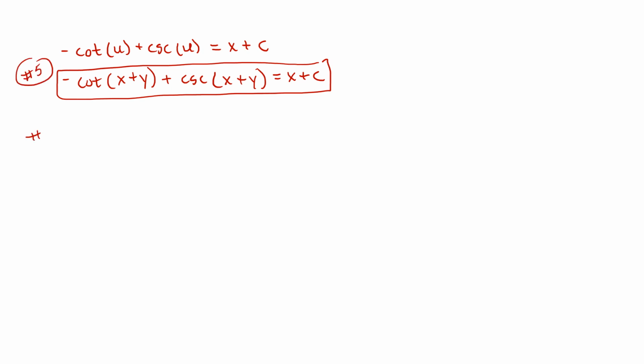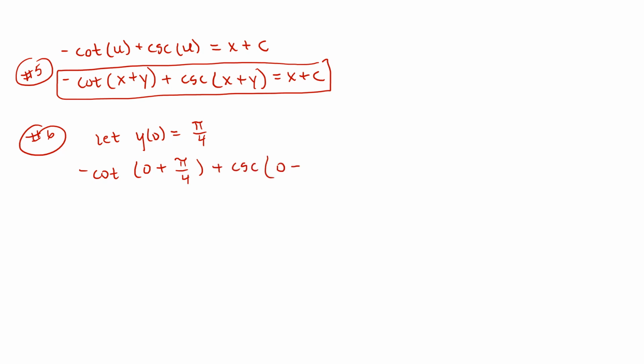Step number 6 now is to apply our initial condition. We're going to let y of 0 equal pi over 4. So negative cotangent of 0 plus pi over 4 plus cosecant of 0 plus pi over 4 equals 0 plus c. Cotangent of pi over 4 is 1, but we have a negative in front, so that's a negative 1.